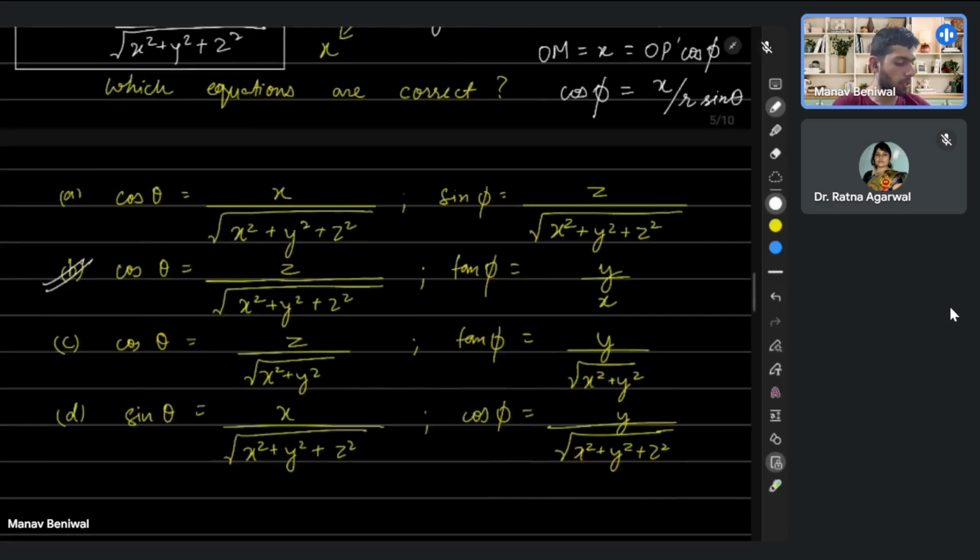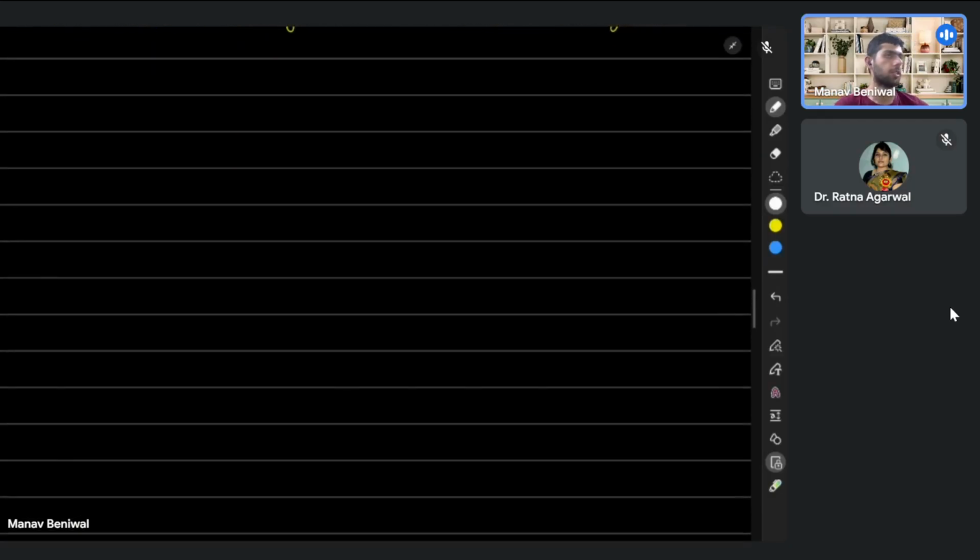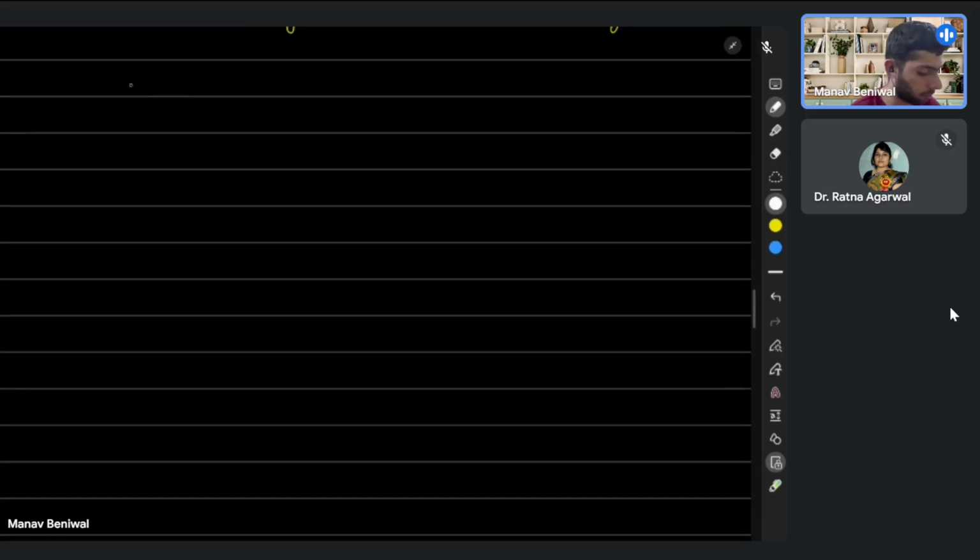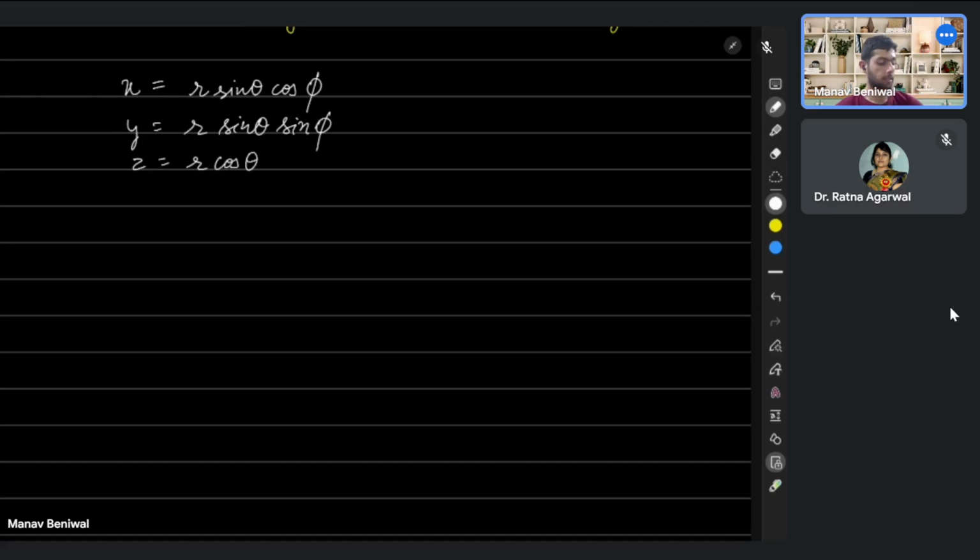So in general, if we want to go from one coordinate system to the next one, this is how you go. If you are given r, theta and phi, you can write x as r sine theta cos phi, y as r sine theta sine phi, and z as r cos theta.